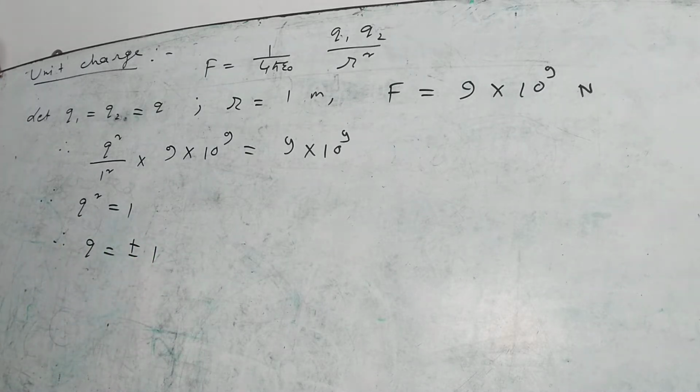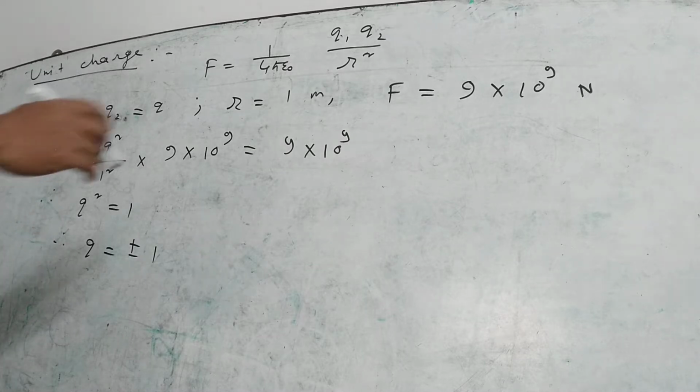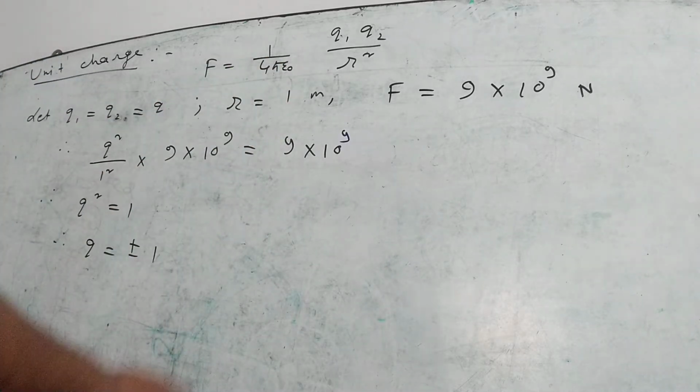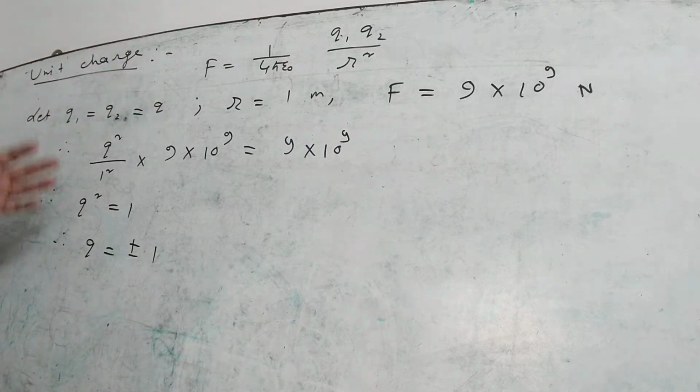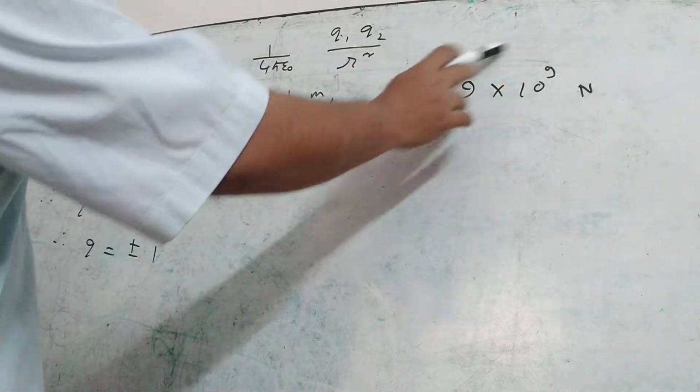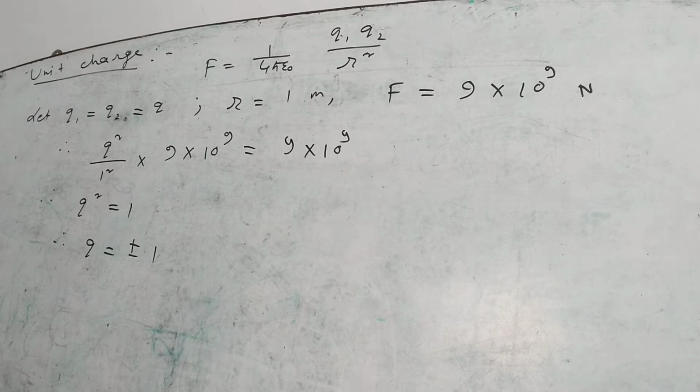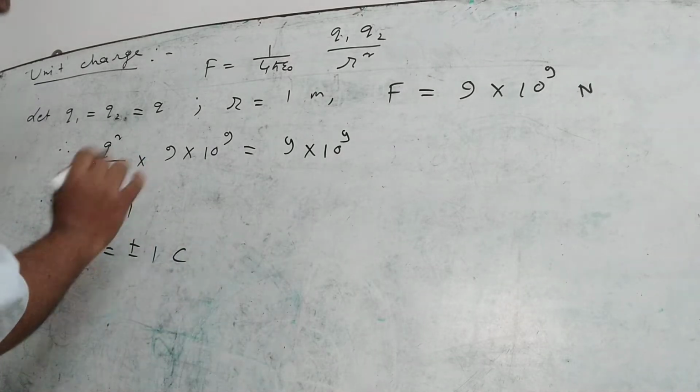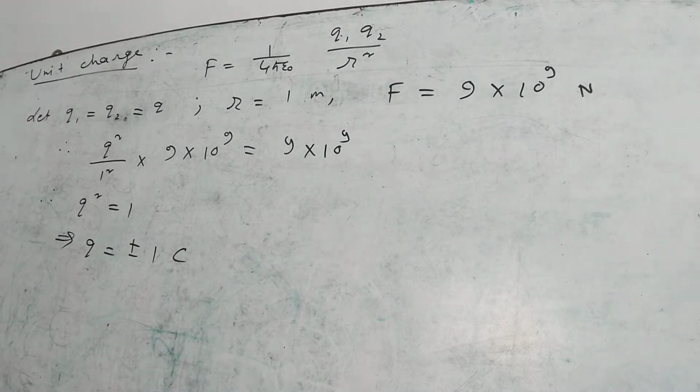Therefore, 1 Coulomb is the amount of charge such that when two similar charges are placed in air at a distance 1 meter apart, the force between the two charges is 9 into 10 to the power 9 Newton. This gives Q is equal to plus or minus 1 Coulomb. C stands for Coulomb.